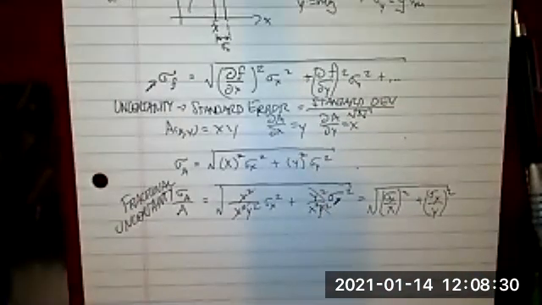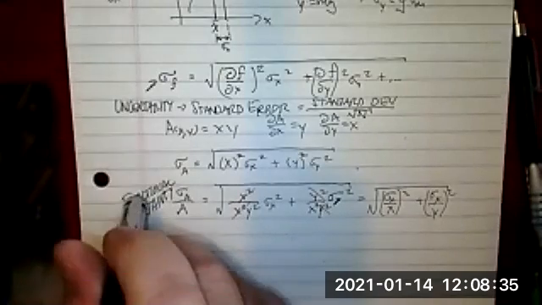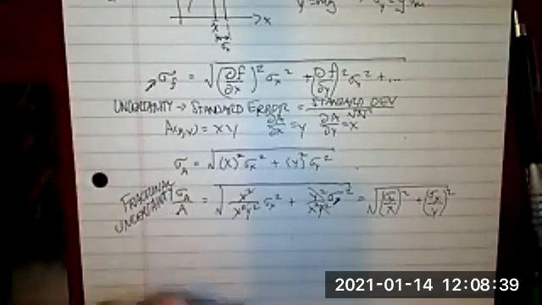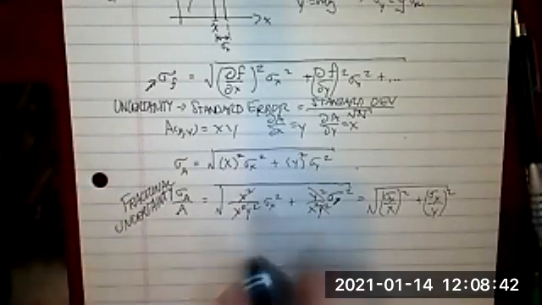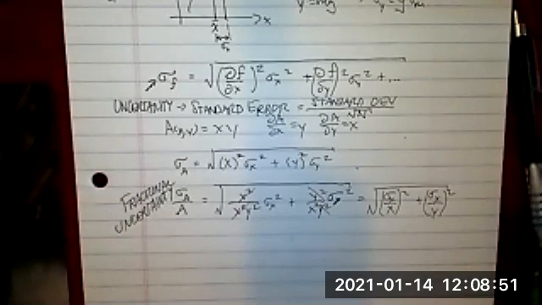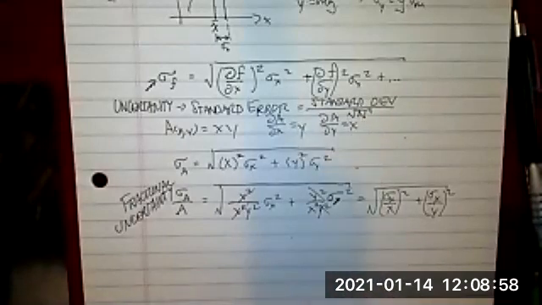So the standard deviation, remember, is your best value, x bar, minus x1. You square that. Then you take x bar minus x2. You square that. You take x bar minus x3 for each of your trials. And then you add all those numbers up and divide by n minus 1, take the square root. That's your standard deviation. The n minus 1 corrects for the data being a little small. If you want the standard error, you then divide that standard deviation by the square root of n, and that gives you the standard error. And that's really what we're supposed to be reporting as the plus or minus on a given measurement.